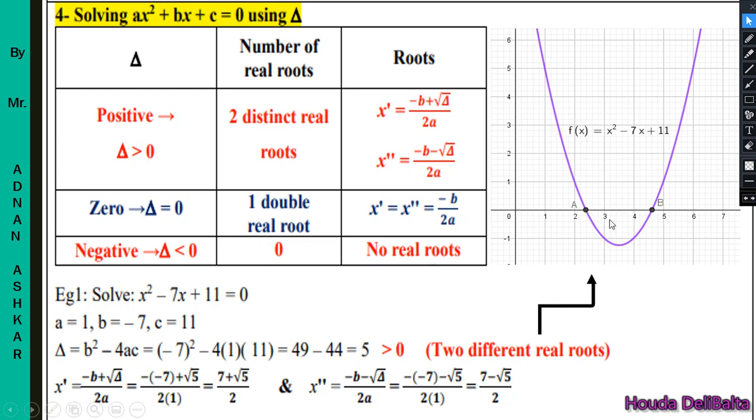So notice here that you surely have two distinct x-intercepts, two distinct points as intersection. These points are of abscissas 7 plus radical 5 over 2, and this is of abscissa 7 minus radical 5 over 2. So these x prime and x double prime are indeed the x-intercepts between a curve, a function whose equation is x squared minus 7x plus 11, and the x-axis.